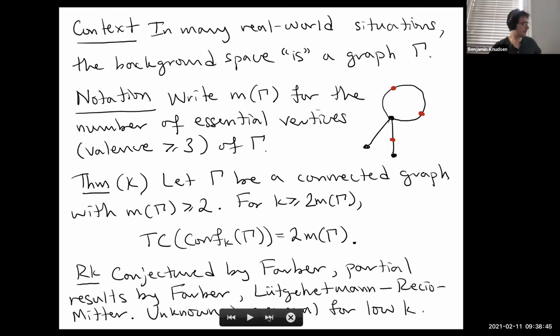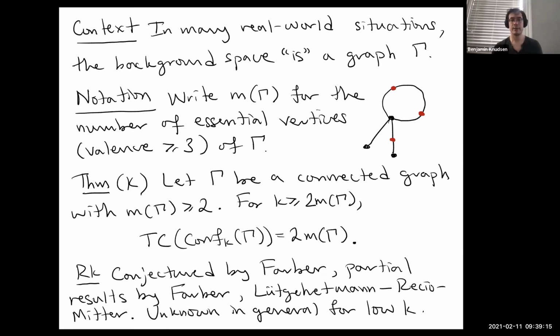Okay, so this was conjectured by Farber, and partial results were known, but not in general. So trees were known, and I guess trees with loops and mild generalizations of trees with loops were known, but not the general case.